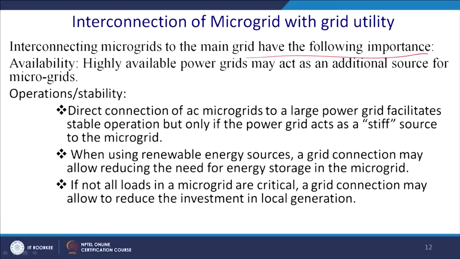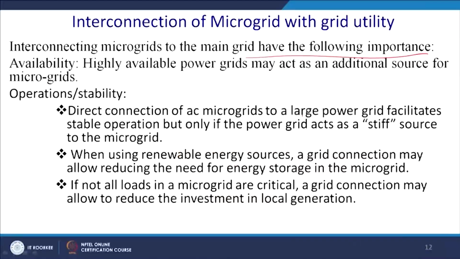Now, interconnection of the microgrid to the main grid has the following importance. That is what we have seen, that there is a point of injection, called the point of common coupling. That is availability of the grid. Definitely, you may put a microgrid in isolated places where there is no grid, then there is no question of grid connectivity.